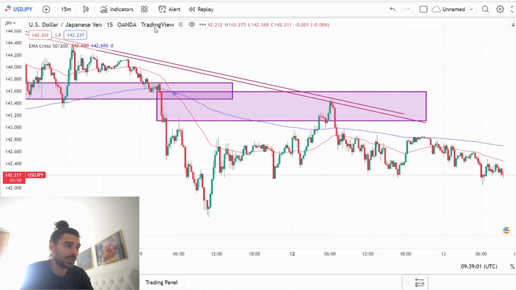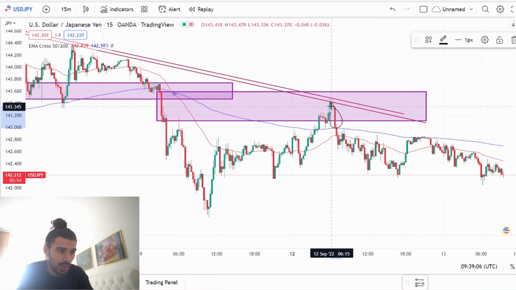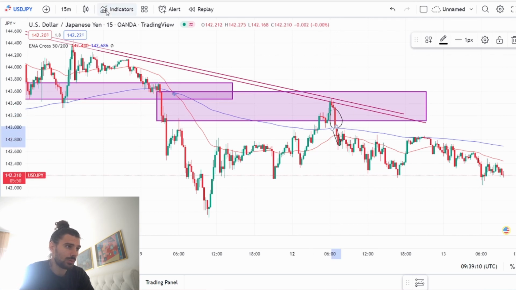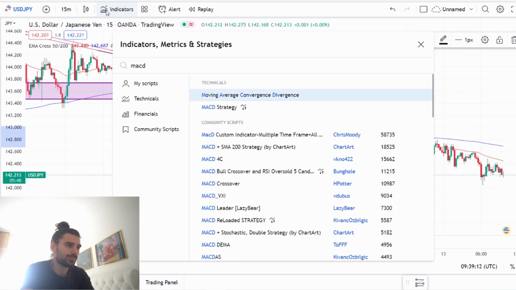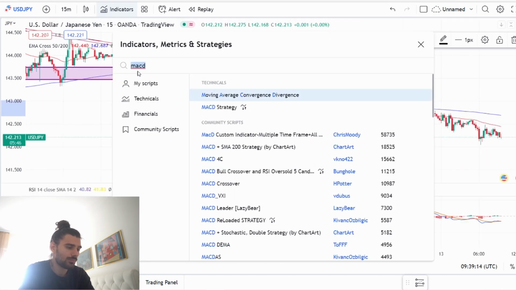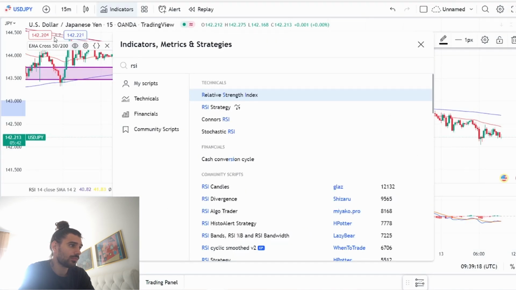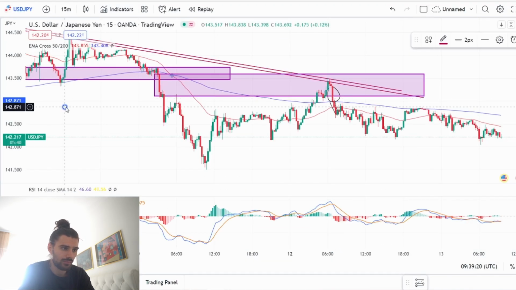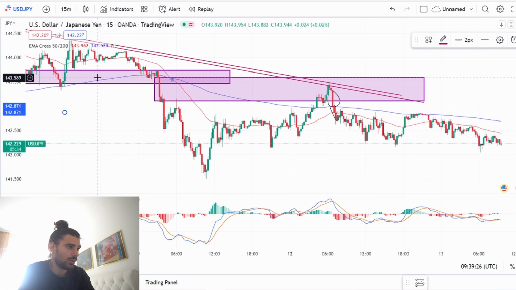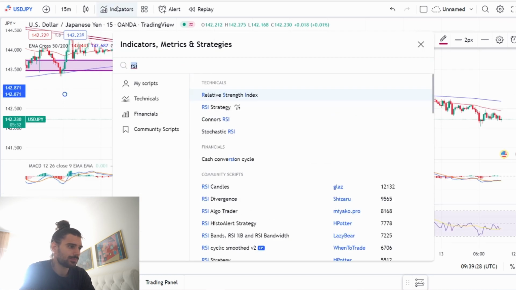So now I'm waiting for the next indicator, which is this huge candlestick, followed by these two smaller ones, breaking the 200 EMA. So we want to add the MACD and the RSI. So here is the RSI just quickly.